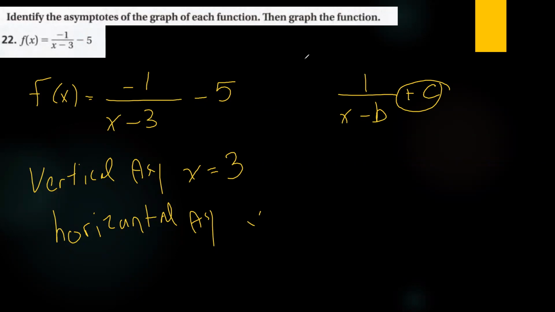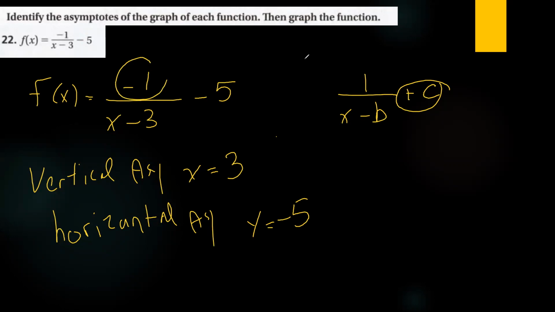So will the horizontal asymptote be at 5 or negative 5? At negative 5. This will be the horizontal asymptote.